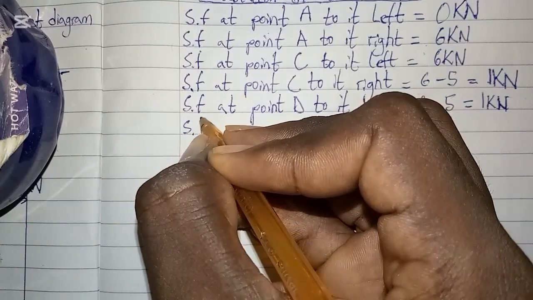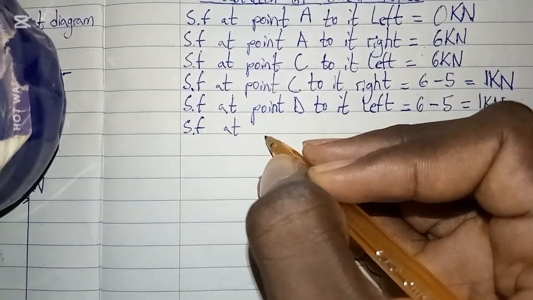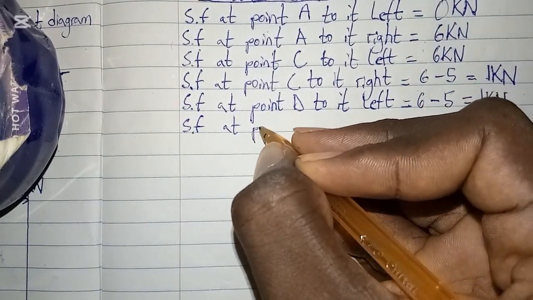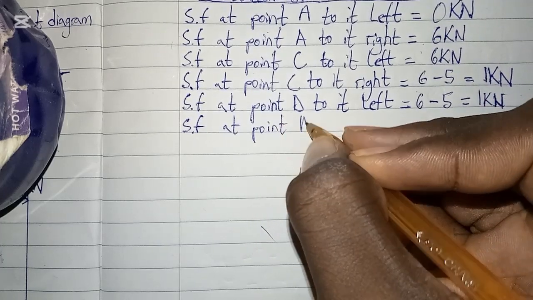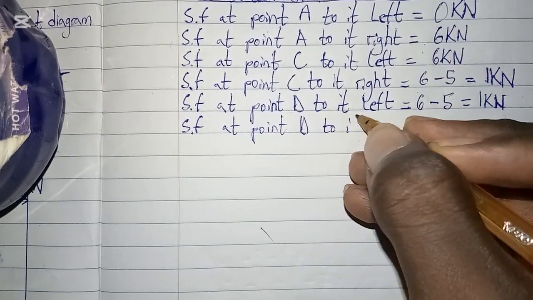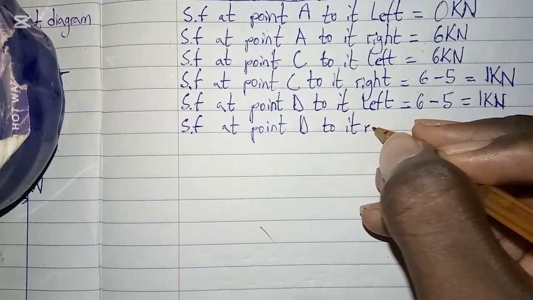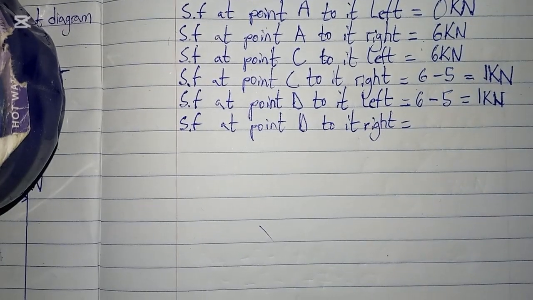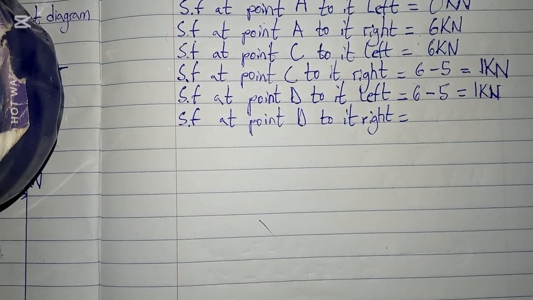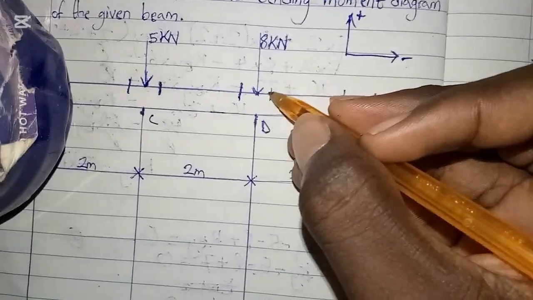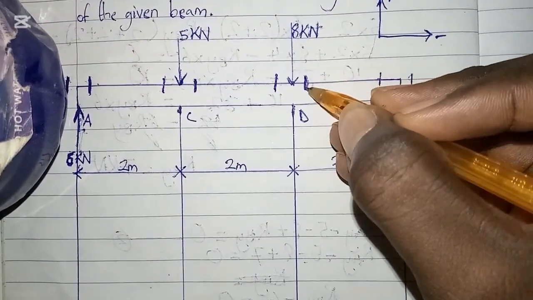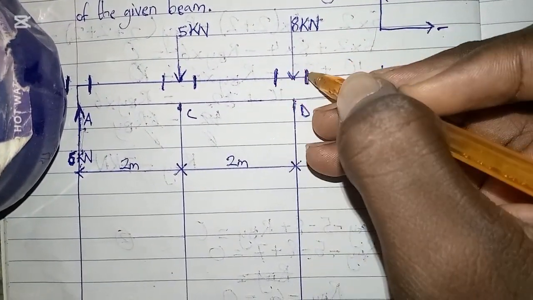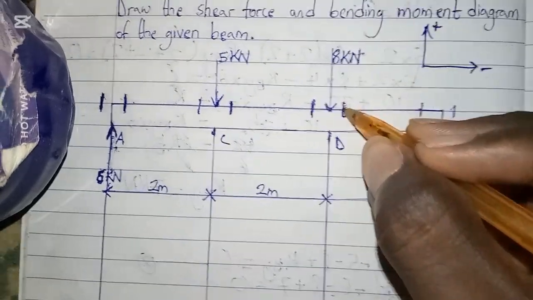Okay, so let's go. Shear force at point D to 8 right will be equal to what? To 8 left was here, to 8 right will be here. So when you are standing here, what forces can you see?